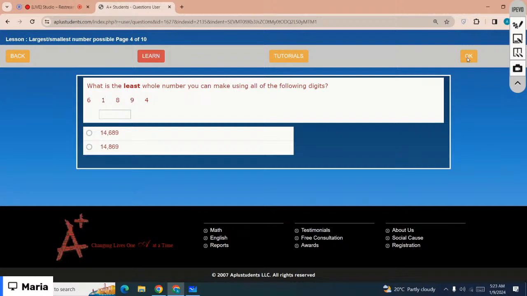What is the least whole number you can make using all of these digits? Now you need to make the least number, the smallest number. Which is the correct option? Yes, that is 14,689.